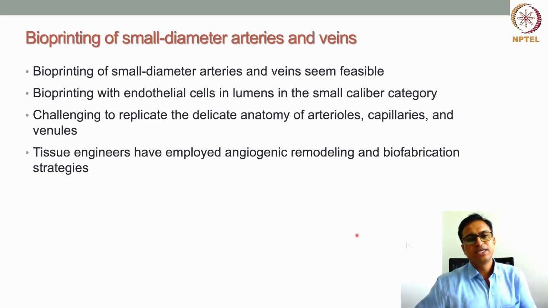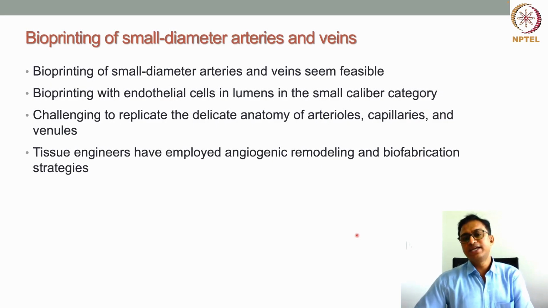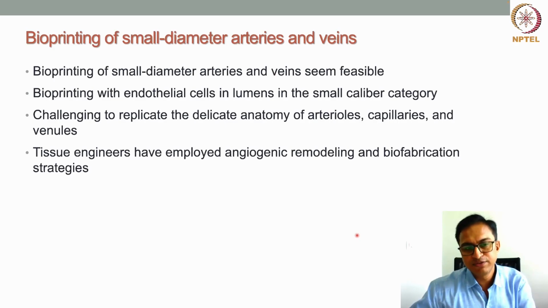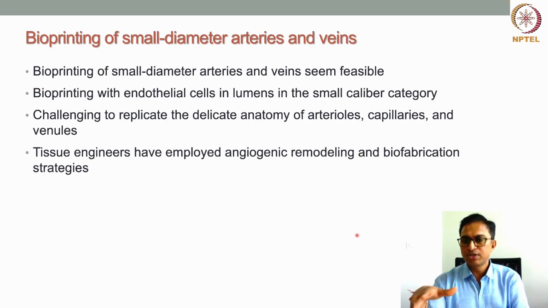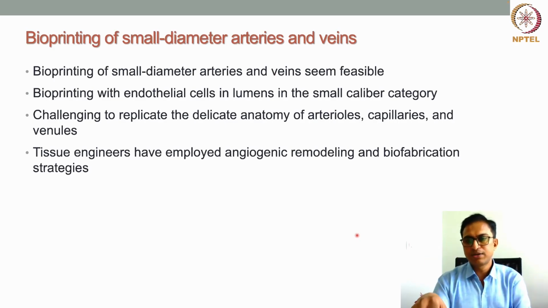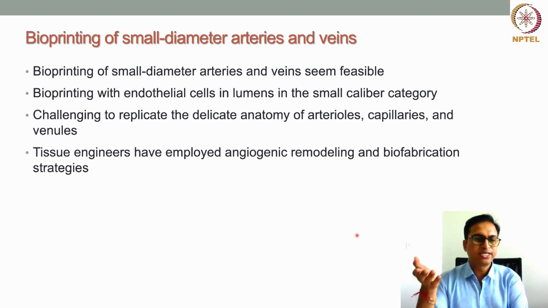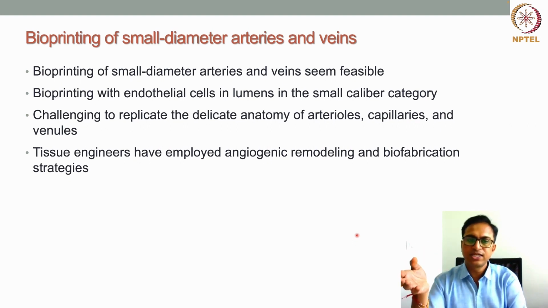Other than this, it is challenging to replicate the delicate anatomy of the arterioles, capillaries, and the veins. If you see in the tissue organ bed, the structure of the arterioles and capillaries is very delicate. Replicating this is another challenge.